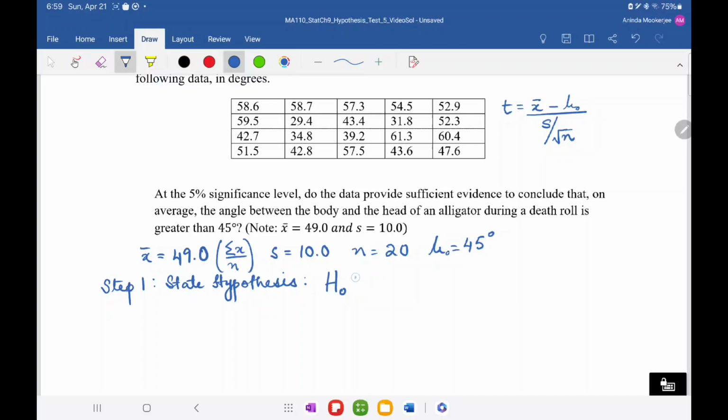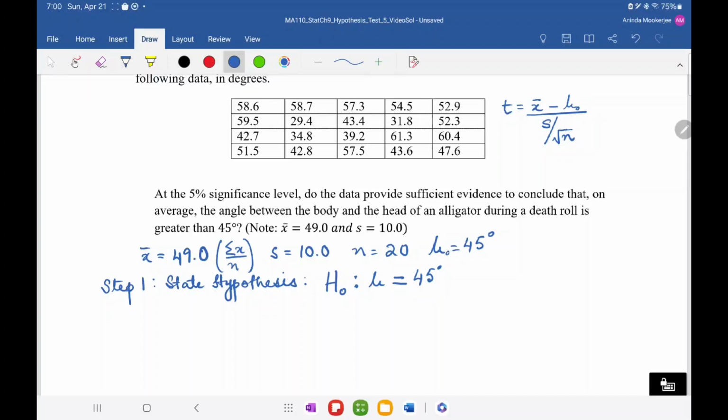The null hypothesis will say mu, the population mean. The null hypothesis must always be stated in terms of the population mean. So mu equals, it should always have an equal sign, and then the 45 degrees. That's the null hypothesis statement.